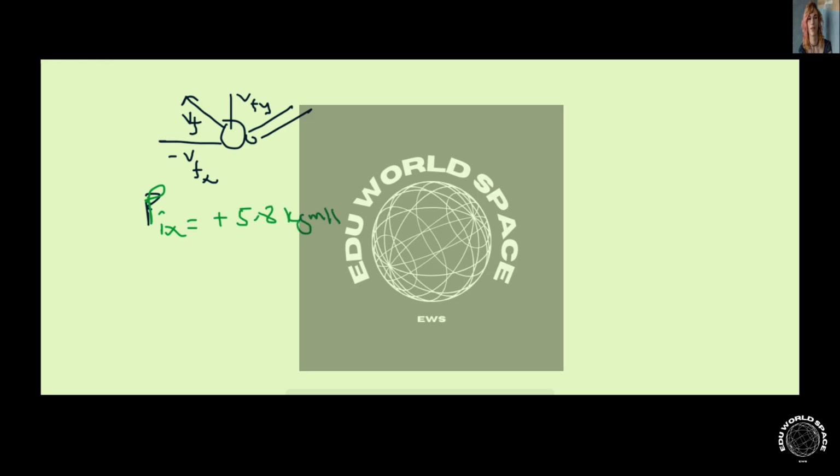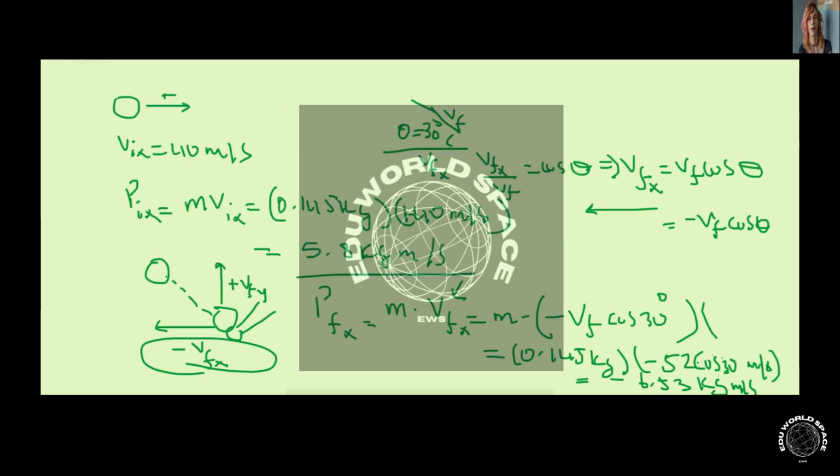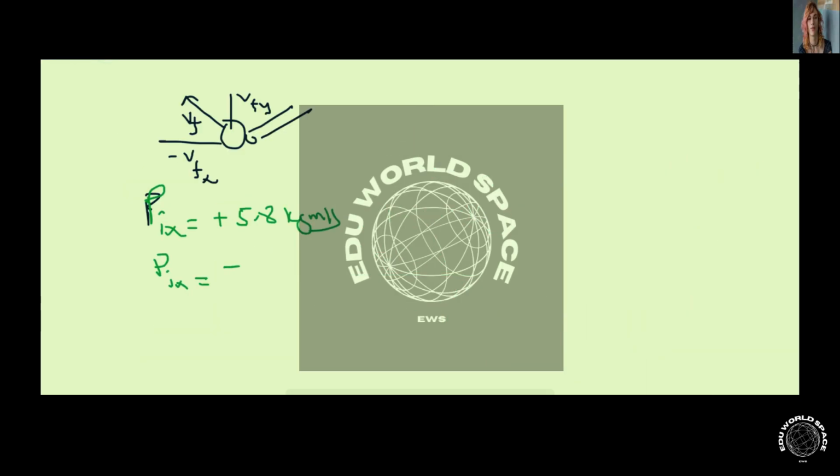And then we also have the final momentum in the x. If you go back, it happens to be negative 6.53 kilogram meters per second. So the impulse J, which is equivalent to the change in momentum, is the final momentum. This should be F, final.